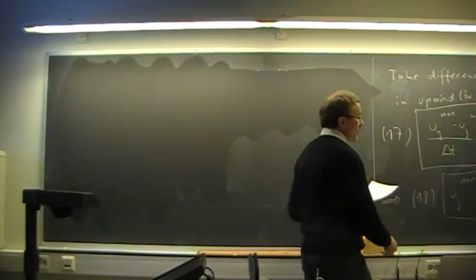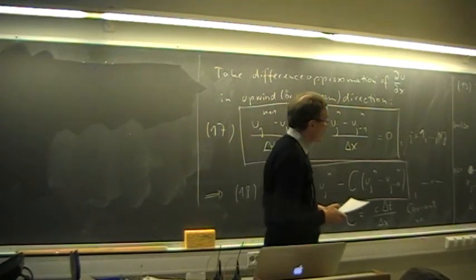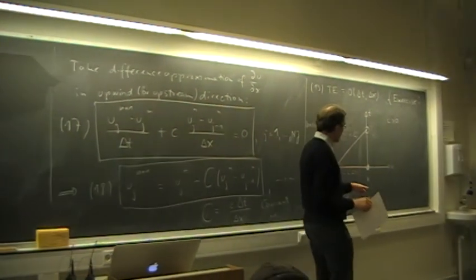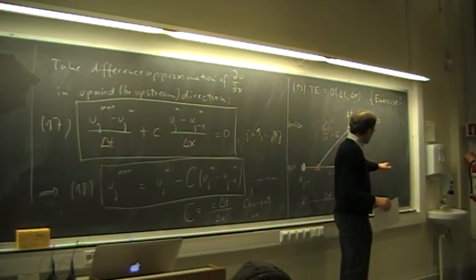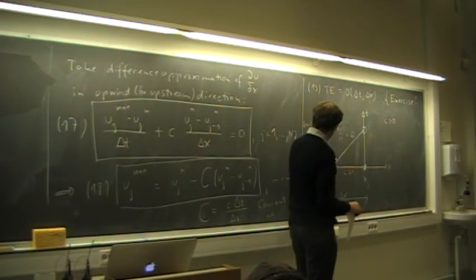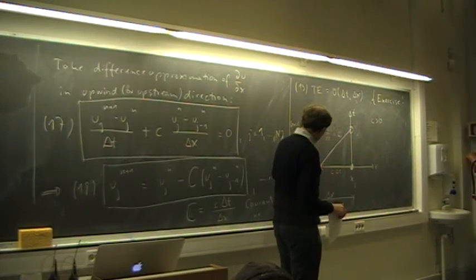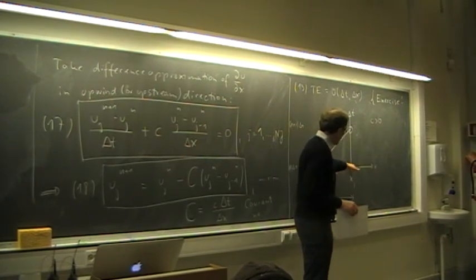If that would not be the case, then we couldn't say very much. As in the case that we had for the central scheme, this point here doesn't have any meaning. If this characteristic would come down here, then things would be determined by what is happening at the neighbor point, but this would not have any influence.